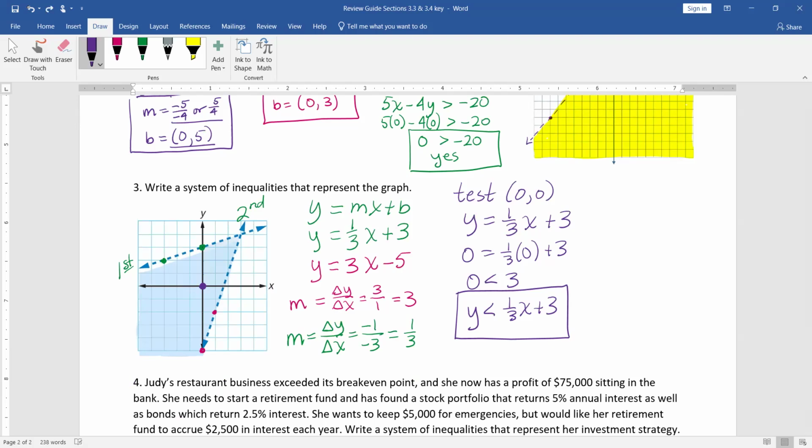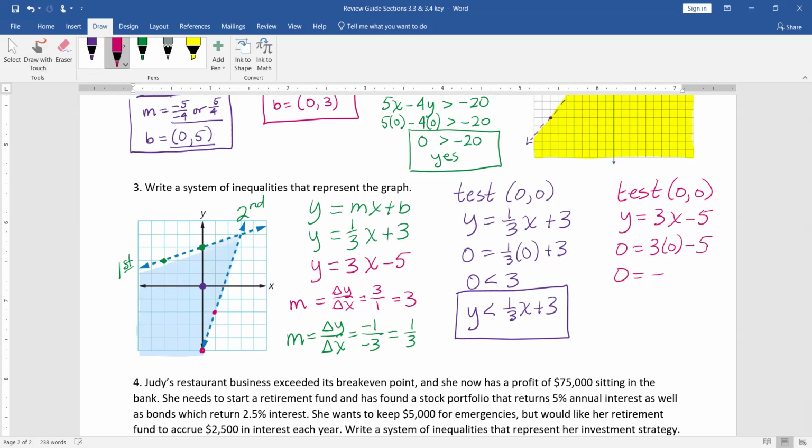So let's use the same test point for the other equation. So we're going to test the origin for y equals 3x minus 5. So we put in 0 equals 3 times 0 minus 5. And 0 minus 5 is negative 5.